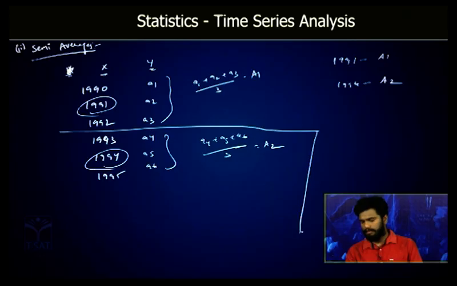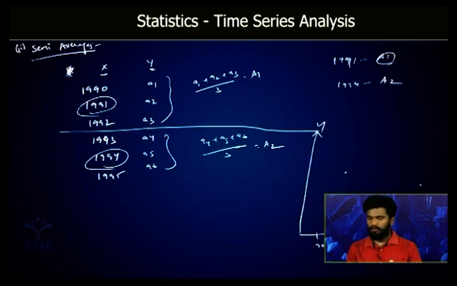I will just draw the graph, X, Y, with 90, 91, 92, 93, 94, 95. Now with respect to 1991, I will plot the A1 value. With respect to 1994, I will plot the A2 value.